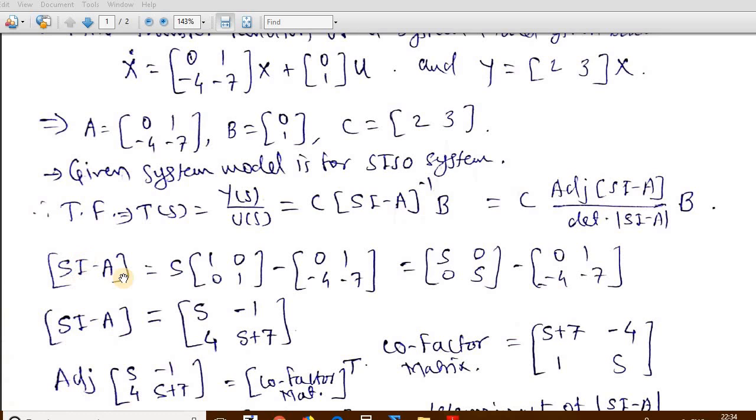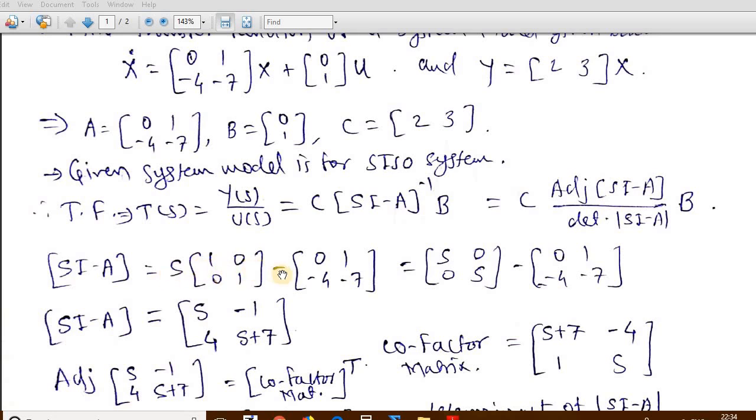First, sI minus A. Here s is the scalar Laplace operator, I is the identity matrix, and A is the system matrix. We take an identity matrix of the same size as A. A is 2 by 2, so the identity matrix is also 2 by 2.